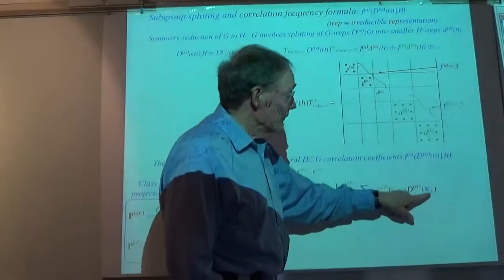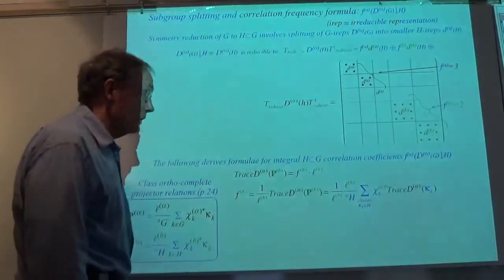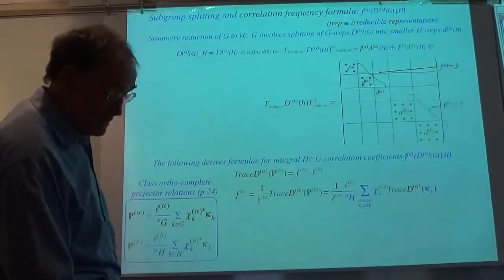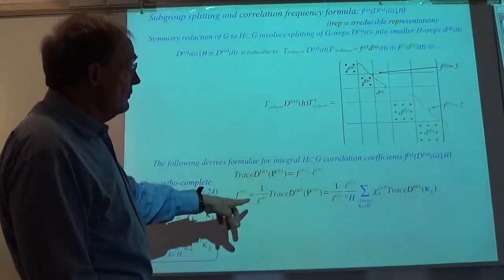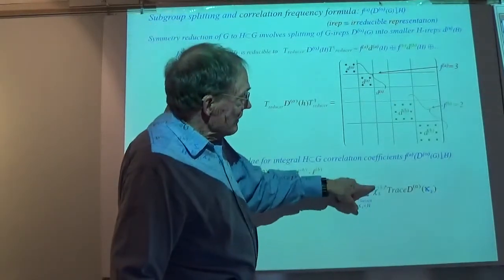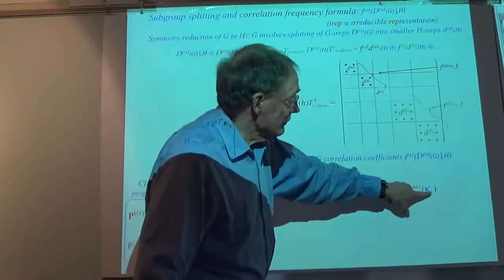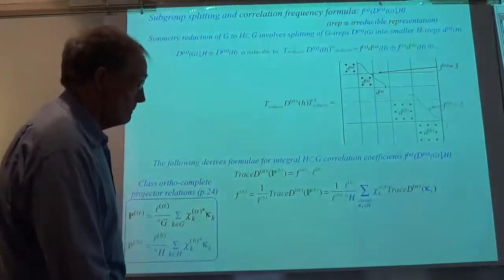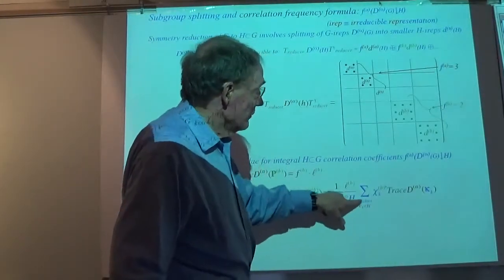That's the trace of this element, but it's being represented by this huge 12 by 12 matrix of the larger group. So that means I can get this number by just knowing the traces of the subgroup and the trace that goes with the irreducible representation of the whole group, just for elements that are in that subgroup.